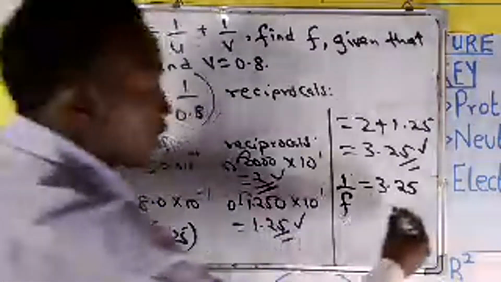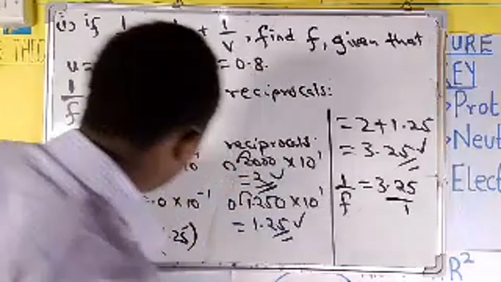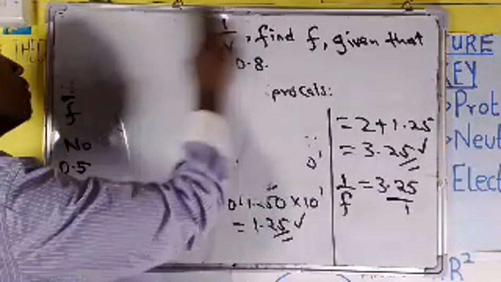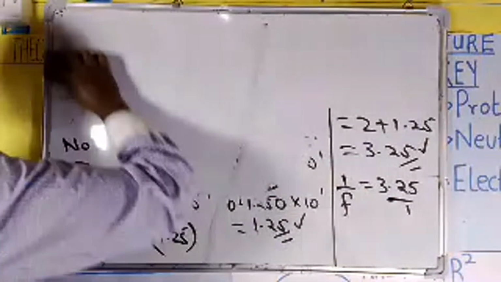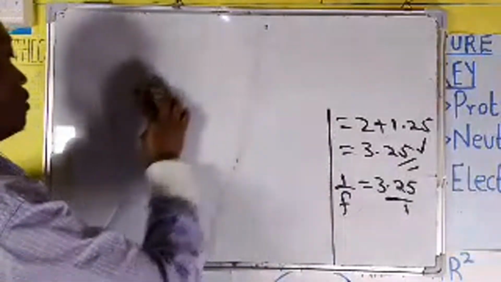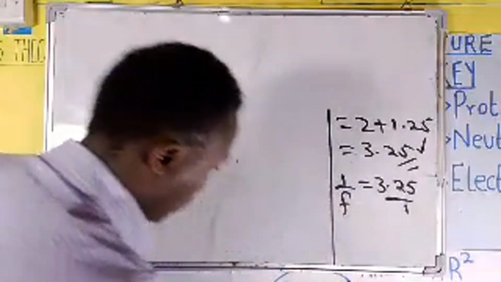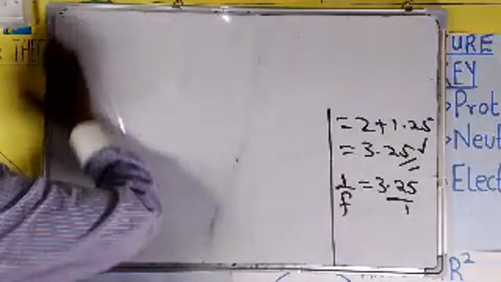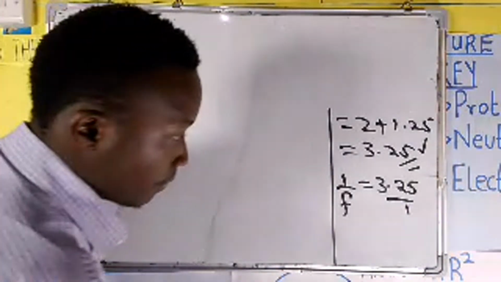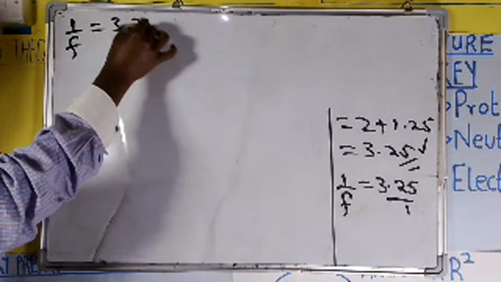So once we get this, we can say this one is over 1, so that we can cross multiply. So we have 1 over f is equal to 3.25 over 1.